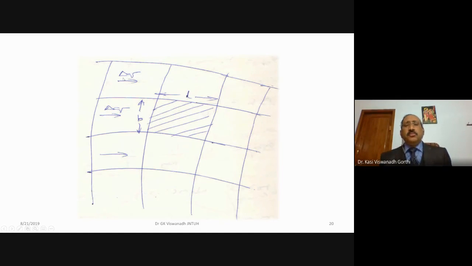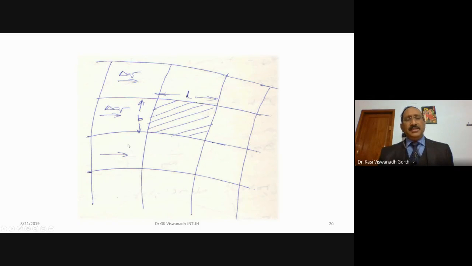So delta Q may be the rate of seepage through this, another delta Q may be the rate of seepage between these two streamlines, and through this flow channel you may have another delta Q. If Q is the total seepage taking place, sigma delta Q must be taken. So the sum of all the discharges flowing through these independent flow channels will be equal to the total seepage flow.